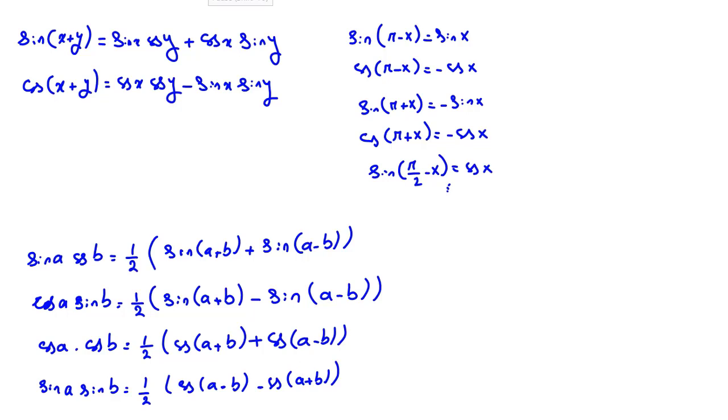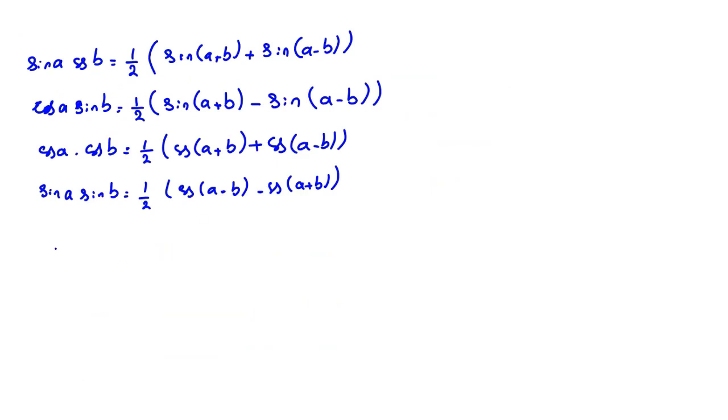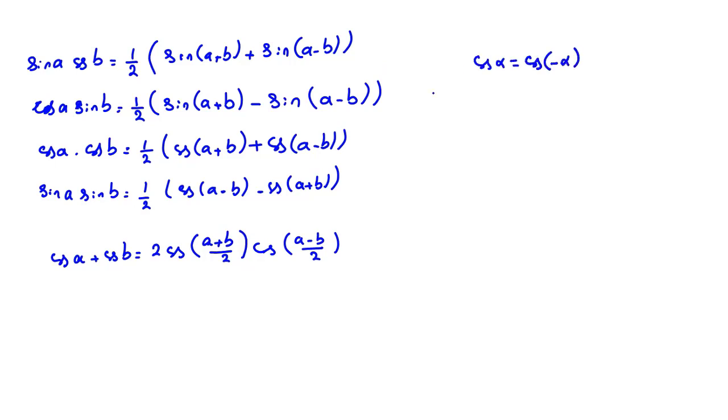Now for the next part. Similarly you can change, for example, sum of cos to product. If we have cos a plus cos b, you say 2 cos a plus b over 2 times cos a minus b over 2. It's not important whether you write a minus b or b minus a, because we know that cos alpha equals cos negative alpha.